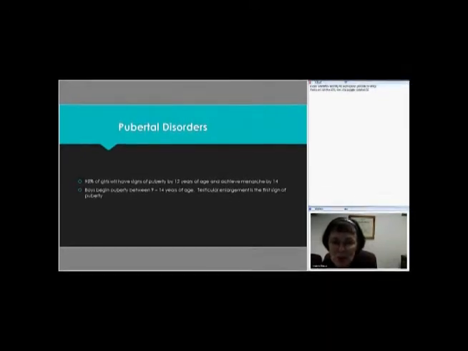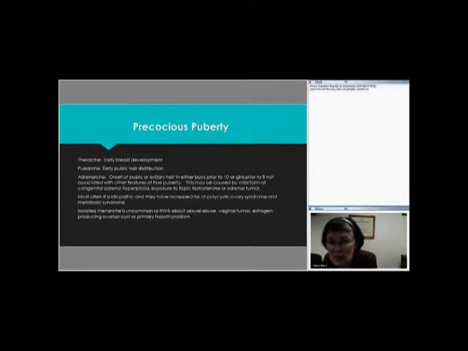Boys begin puberty between 9 and 14 years of age, and the first sign of puberty is testicular enlargement in boys. The Tanner stages are very important when you're thinking about endocrine disorders. Precocious puberty is when you have puberty before you should.